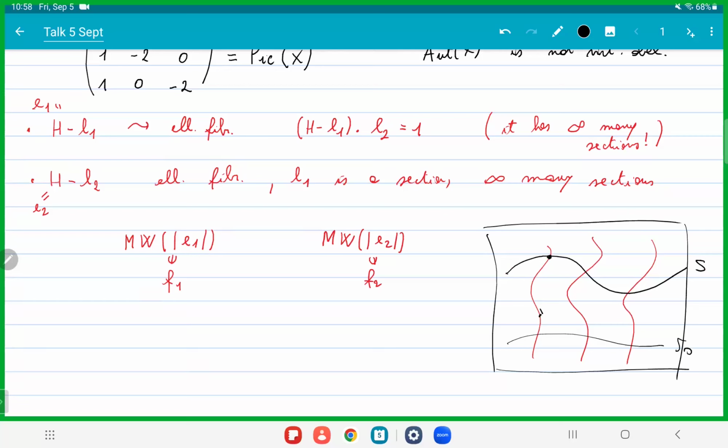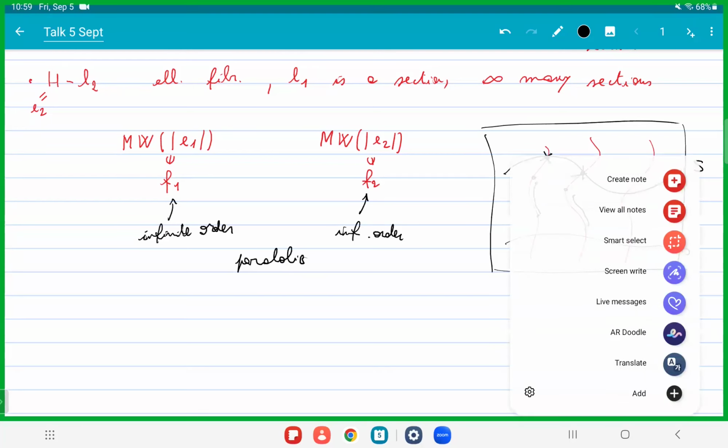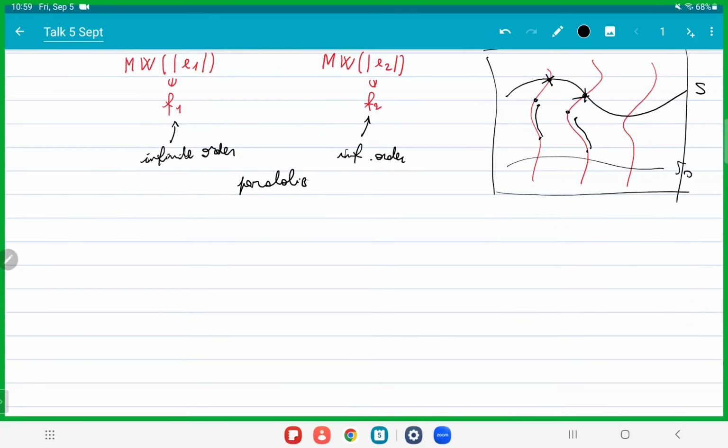So this point is going to be sent to this point, translating by the intersection point of S with the fiber. And now what I obtain is that these two elements, F1 and F2, both have infinite order, and they're both parabolic because they fix an elliptic fibration. Remember that fixing an elliptic fibration means they're parabolic elements.